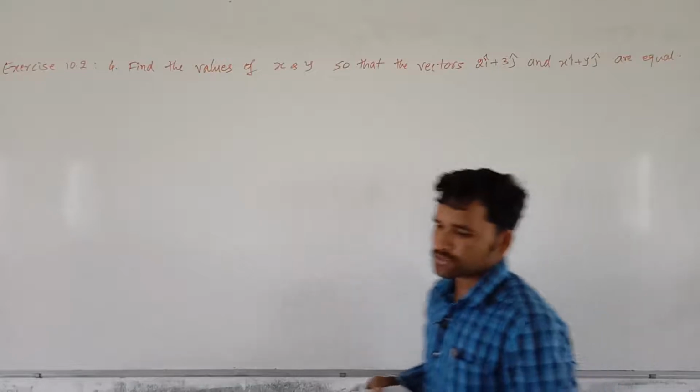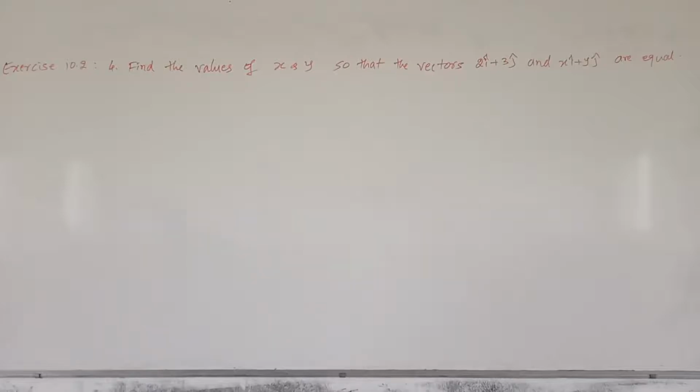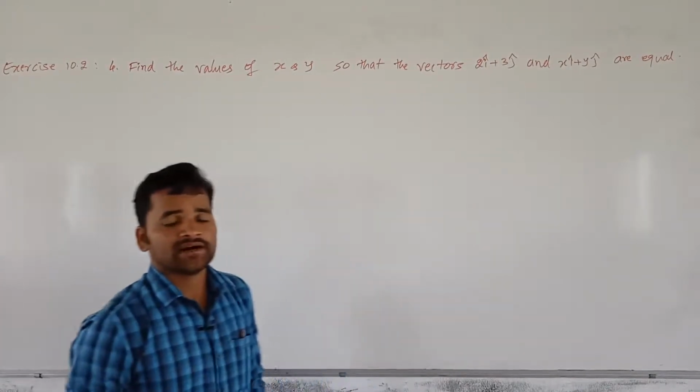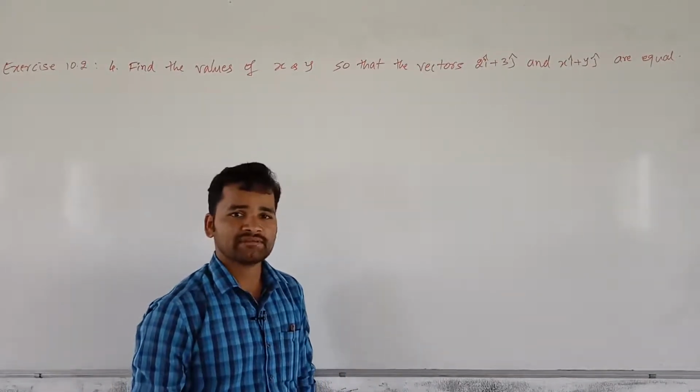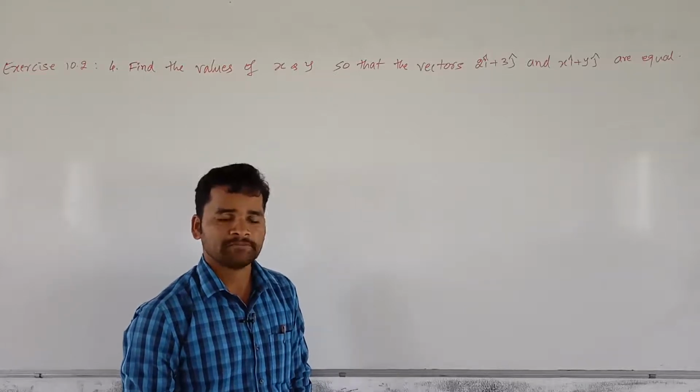See, there are two vectors given to you. These two vectors are given in component form. If two vectors are in component form, when will they be equal? They will be equal when their corresponding components are the same.